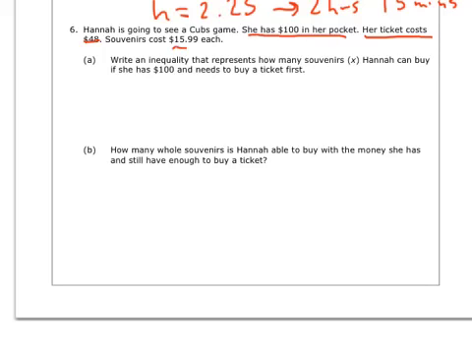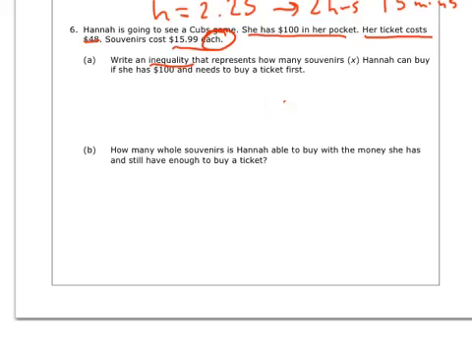Souvenirs cost $15.99 each, and you see that word each. Write an inequality that represents how many souvenirs Hannah can buy if she has $100 and needs to buy a ticket first.